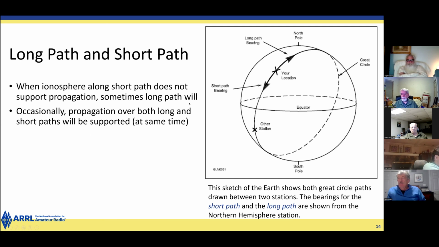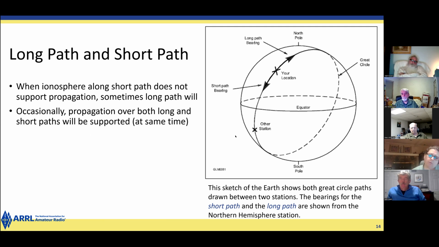So if you can't hear, say, a station in England very well at a bearing of, I think it's about 50 degrees from most of us, then you could turn your beam antenna around and you might hear them at 230 degrees away.